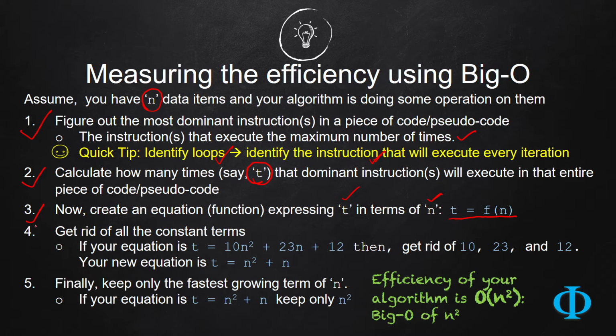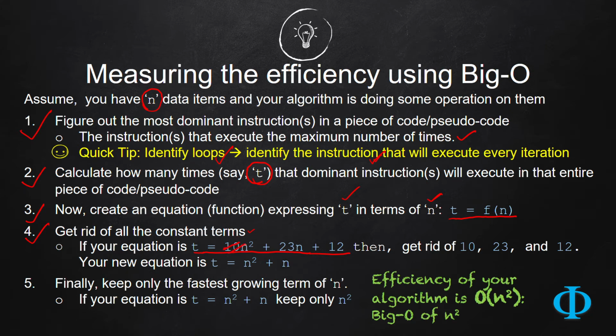After that, you have to get rid of all the constant terms. What does that mean? Let's say you got an equation in step 3 as t equals 10n square plus 23n plus 12. So you have to get rid of all the constants like 10, 23 and 12.